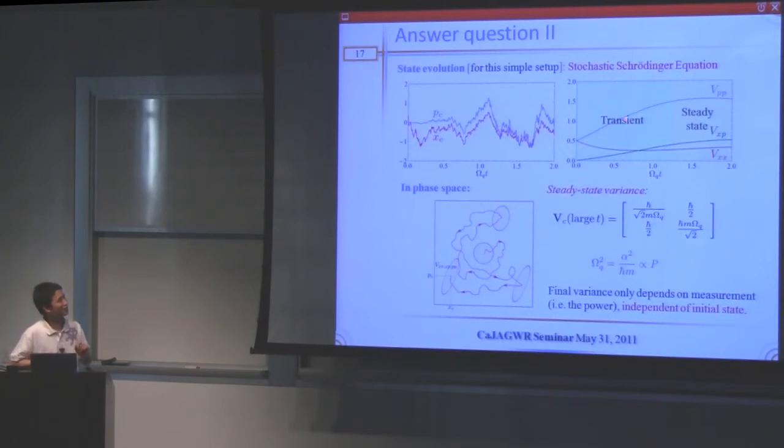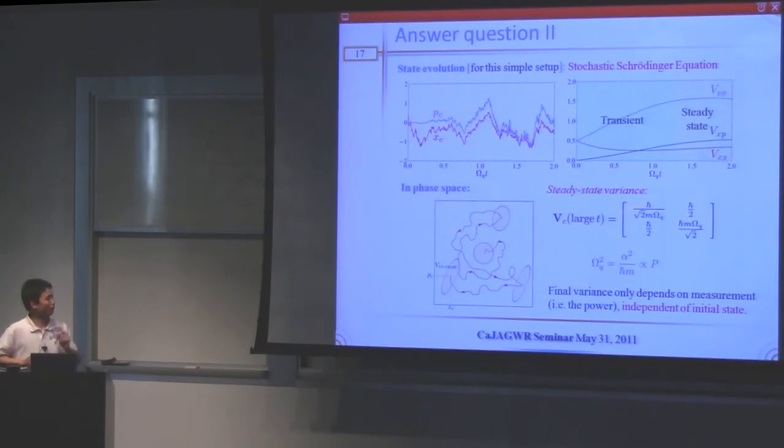This is very interesting. So here you have some kind of transient, and then at larger time, you can reach a steady state. Even though the mean position and mean momentum are drifting around, the uncertainty becomes constant, doesn't change anymore.